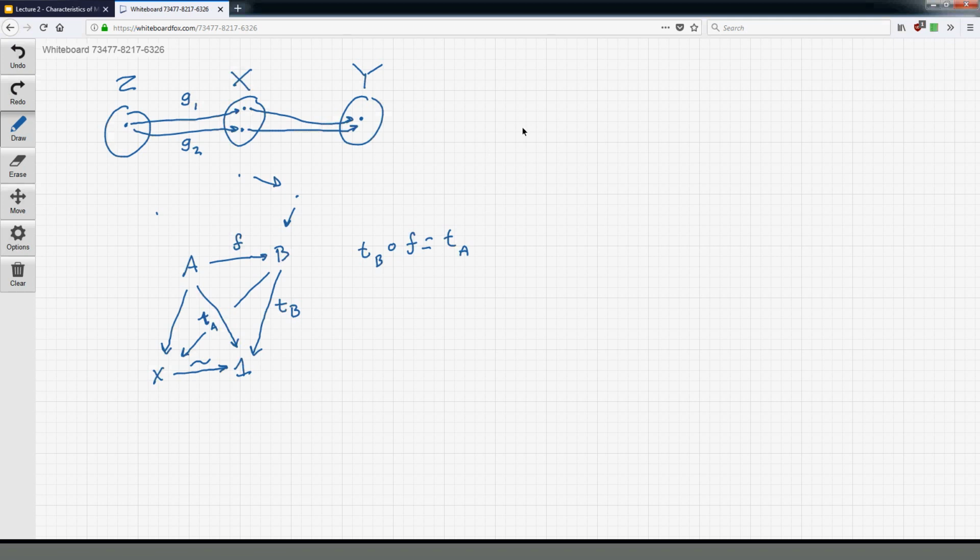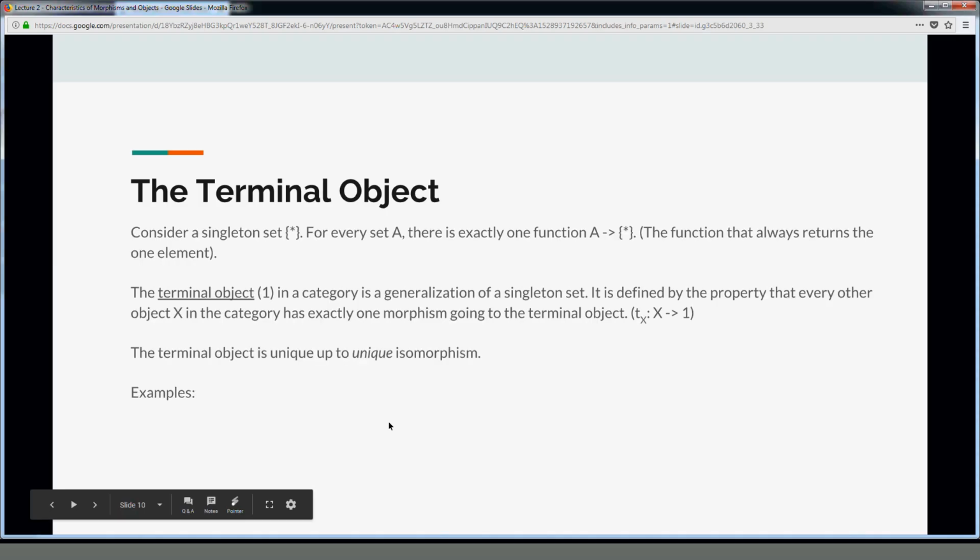A monomorphism you draw with a little hook in your arrow. An epimorphism you draw with a double barbed arrow. And your isomorphism, you have a little tilde over it. So essentially, when we have two objects that meet the definition of the terminal object, that means that they're isomorphic. There's an isomorphism between them. And in fact, it's actually a unique isomorphism.